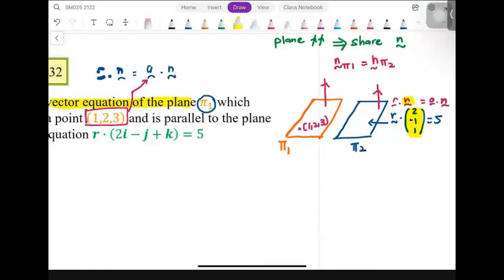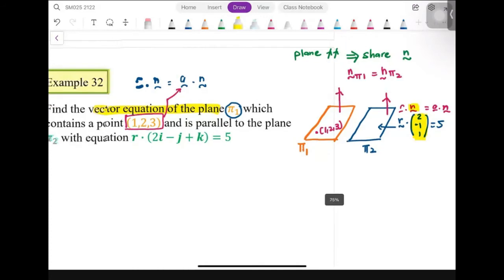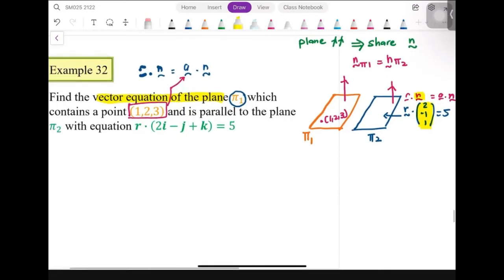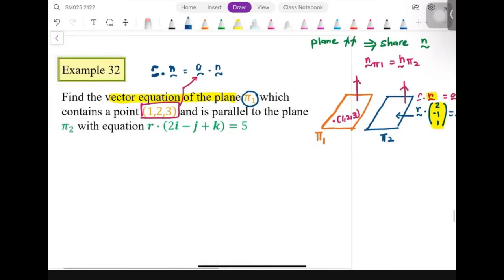Okay. So maksudnya sekarang soalan ni, soalan dia dah bagi siap-siap lah. Kita dah ada A, kita dah ada N. So bila dah ada both, we straight away substitute into the formula. Soalan minta vector equation. So remember form for vector equation, R stay as it is.